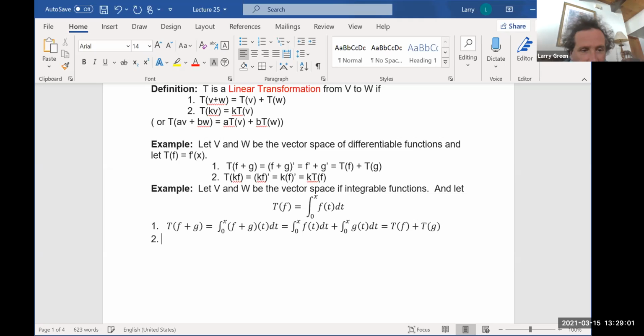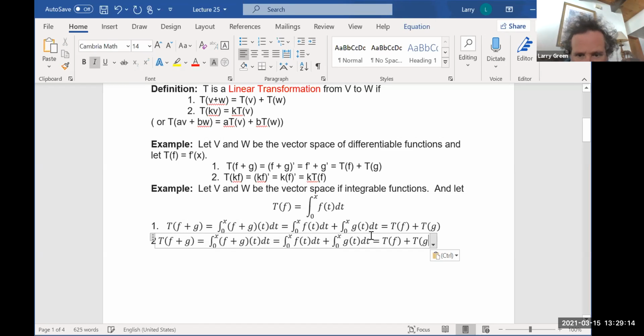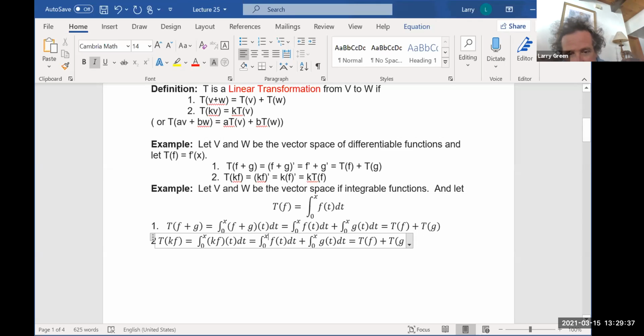Let's do number 2. And I think the easiest is to just copy and paste and change. So the integral of kf is the integral of kf of t dt.